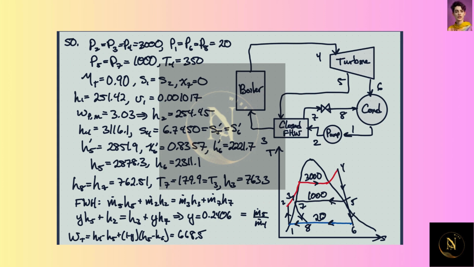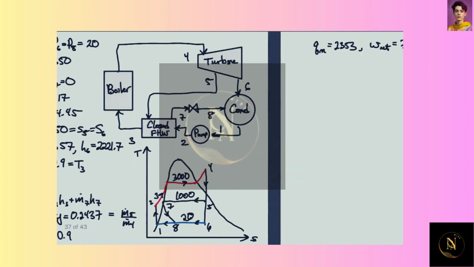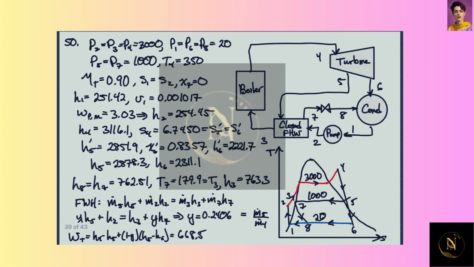And now, again, the enthalpy at 7, everything is the same here. And likewise, everything is the same here. But now some of these things are different. Wait a minute, is this 7 we have saturated? Yeah, 7 is the same, right? 762, yeah.